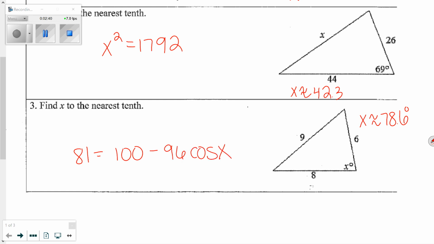And then when you go to 0 out and when you go to 1 out, right before your last step, this is what you should get. So that's when you're going to inverse your cosine. And when you inverse your cosine here, that is where you get the 78.6.